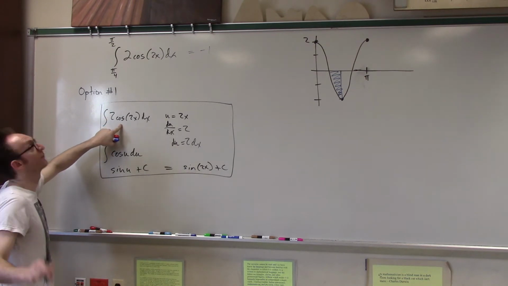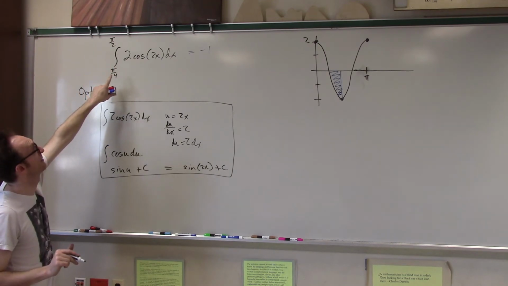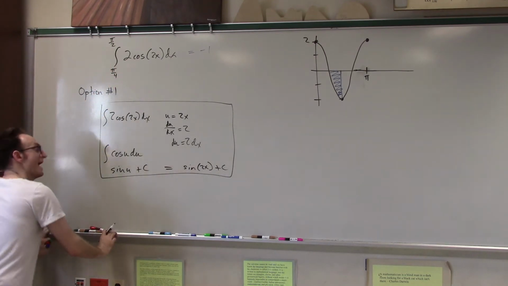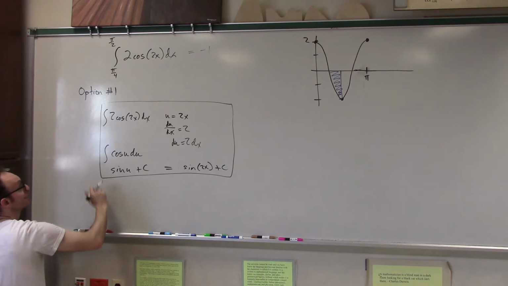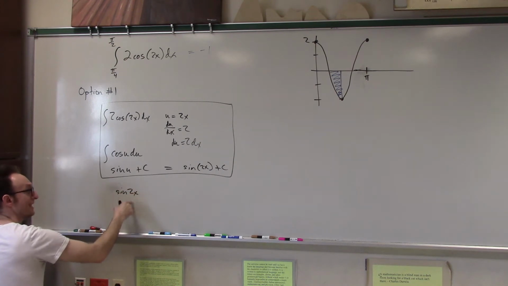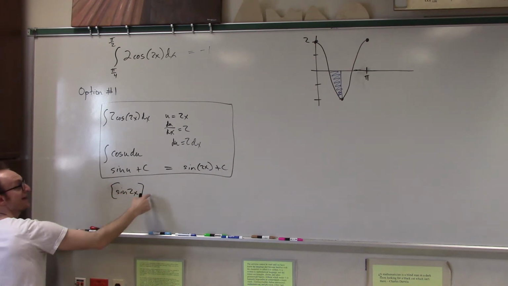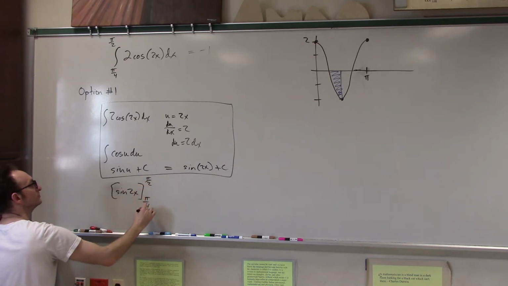Now I return to the integral problem, which is to do this particular integral. So now we know via the FTC that to solve this integral, I just take the antiderivative of 2 cosine 2x, which I now know to be sine 2x, and I evaluate it at pi over 2 and pi over 4.